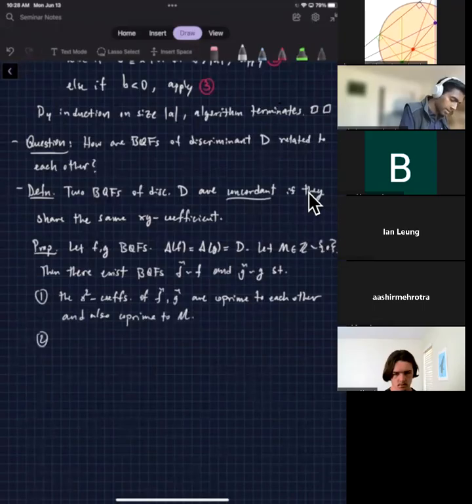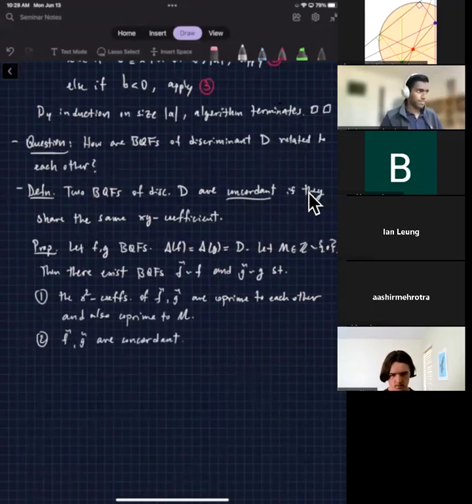And the second point is that F tilde and G tilde are concordant, meaning that they have the same XY coefficient.